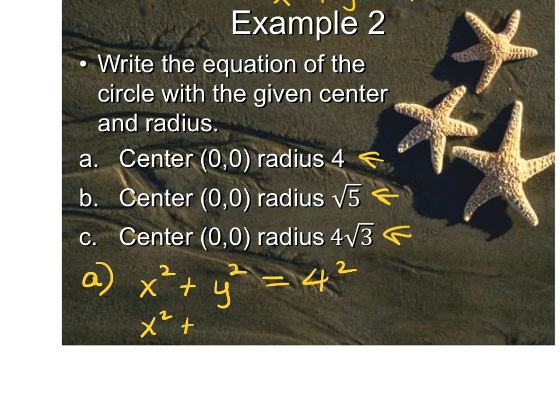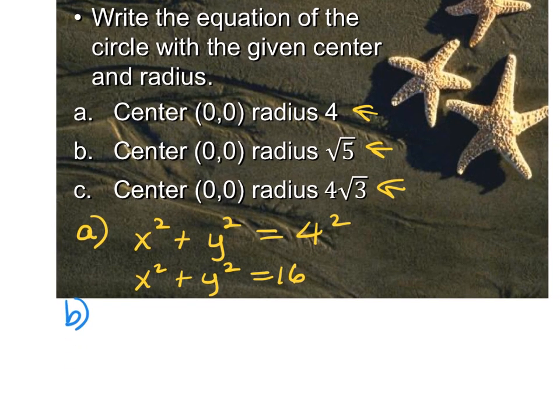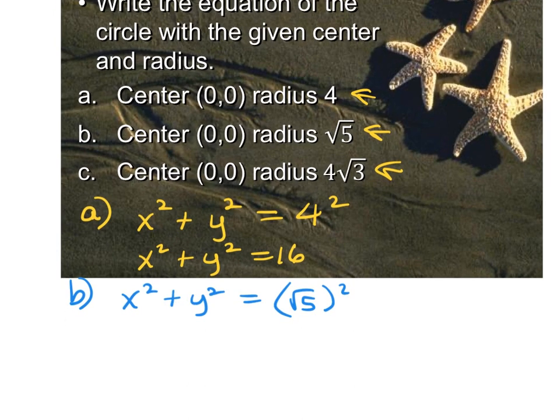So x squared plus y squared equals 16. For part B, same thing because the center is at 0, 0. X squared plus y squared equals the square root of 5 squared. Remember, when you square something that's got a radical, it just frees up the number under the square root. So part B is just going to be x squared plus y squared equals 5.